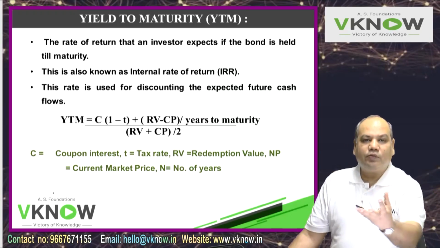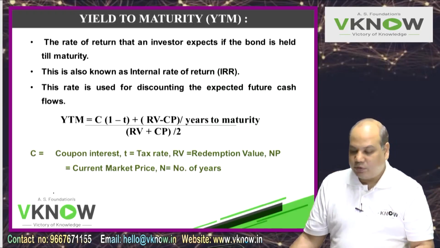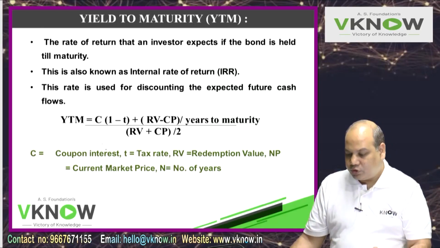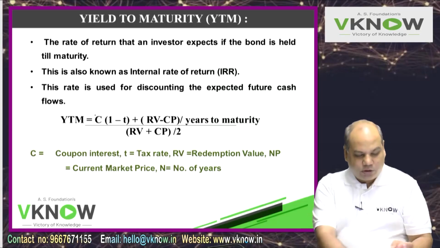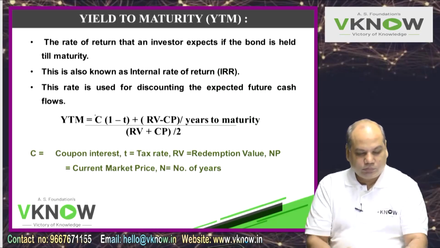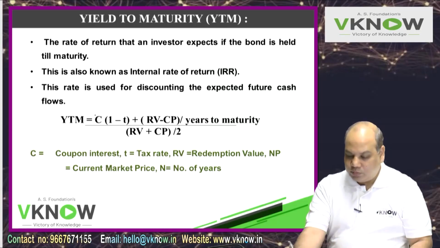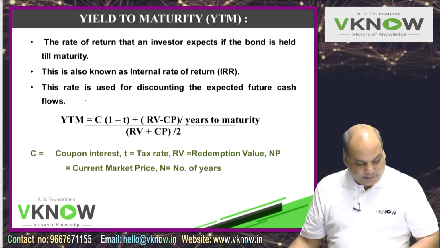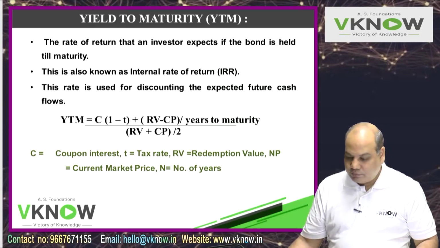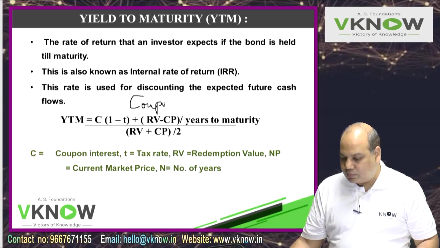How much rate of return you are going to generate if you hold it till maturity, that is called yield to maturity. How to calculate yield to maturity? First is coupon bond. If it is a coupon bond, then you can apply a formula.